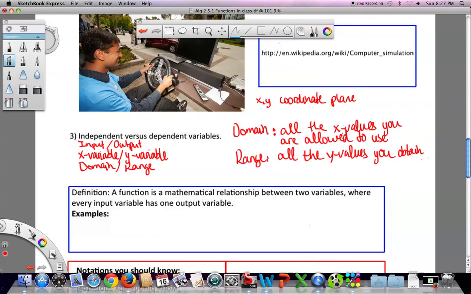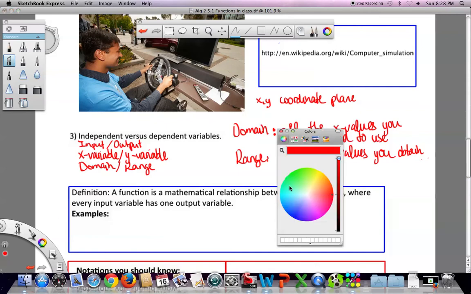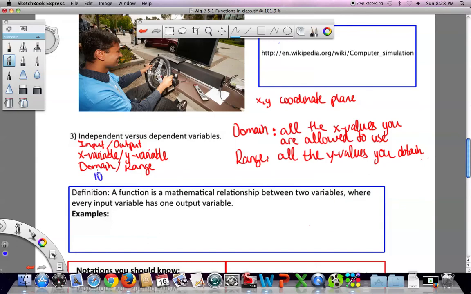So here's a formal definition now. A function is a mathematical relationship between two variables where every input variable has one output variable. And that is important. In math, a function needs to work the same way all the time. So if my input variable's value is 10, then maybe my output variable is 204.